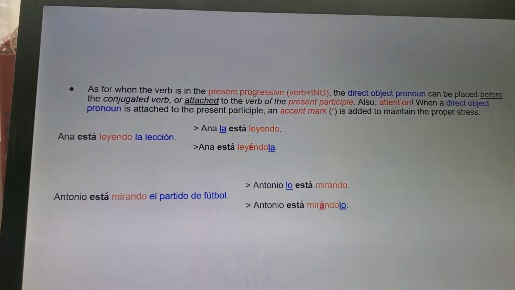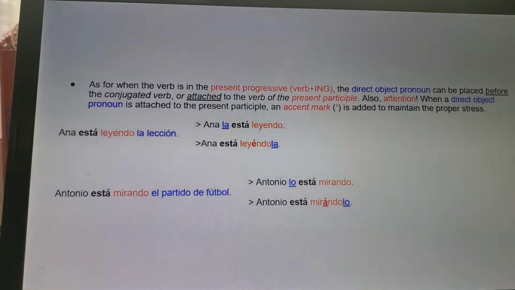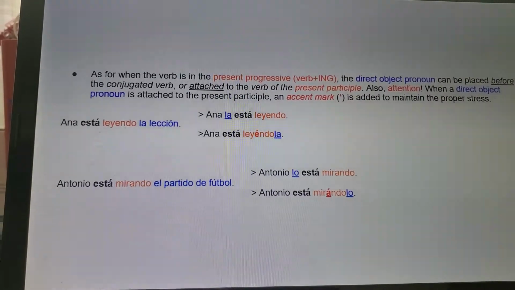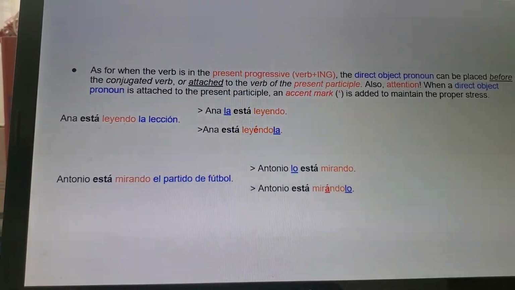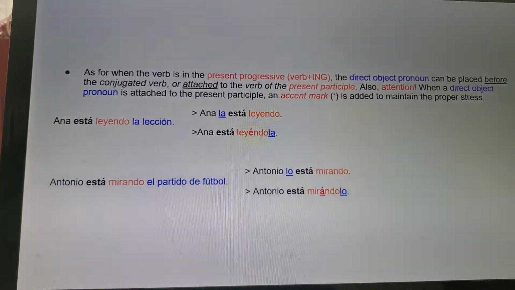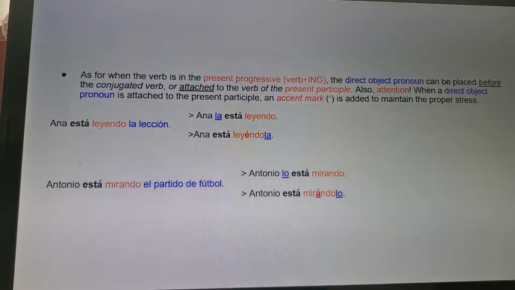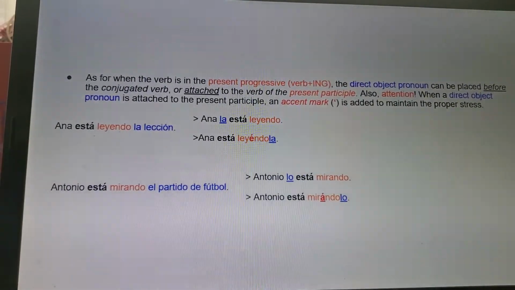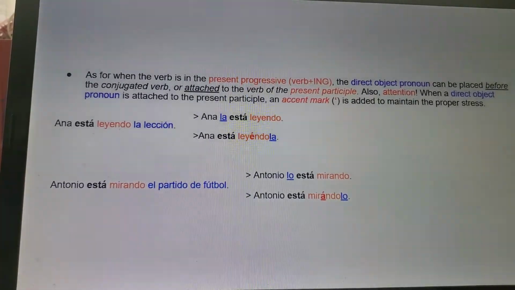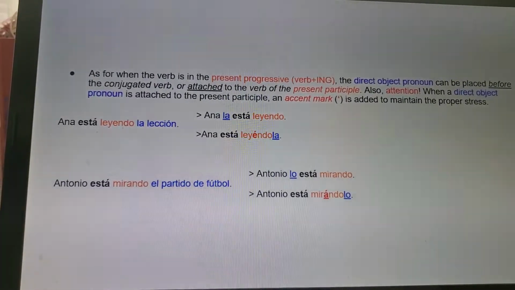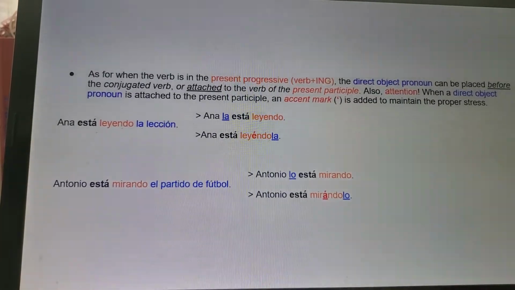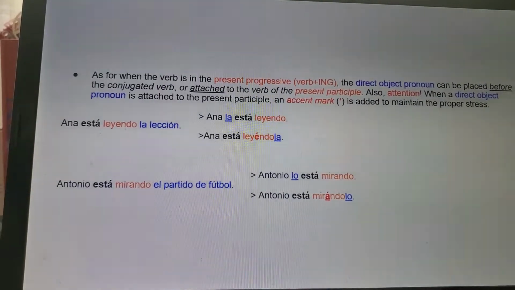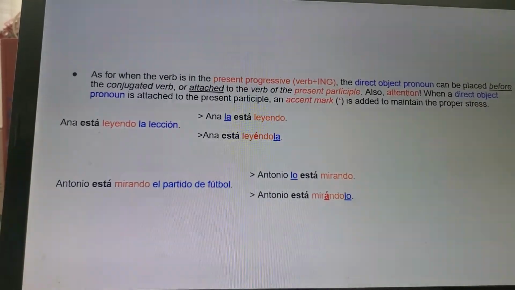As you notice, leyendo in this sentence doesn't have an accent mark. But when we attach the direct object pronoun to the present participle, it becomes está leyéndola. Or you can say Ana la está leyendo.